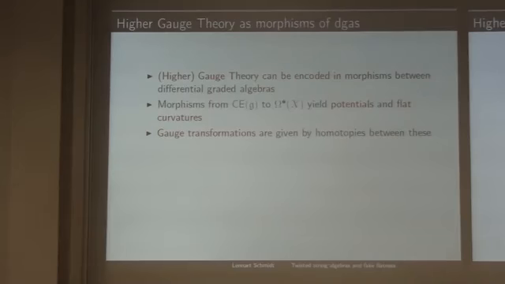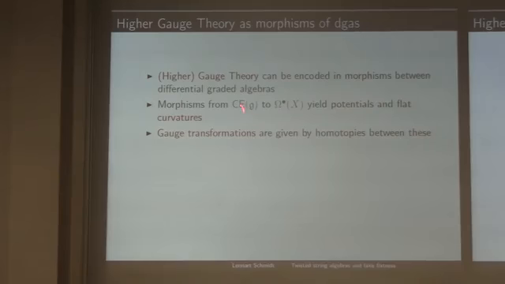All right. So yesterday, Christian gave you basically a lightning review on higher gauge theory. So I want to say a little bit more about this. So I guess consider this the thunder review. That's a little bit later, but a little bit longer. Okay. So like you already saw, you can formulate all of higher gauge theory in morphisms between differential graded algebras, which is a very nice picture where basically all the information you need is encoded in such morphisms.